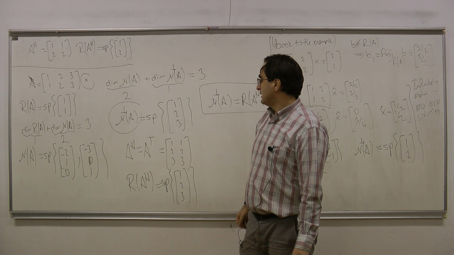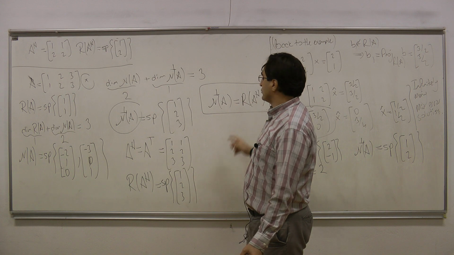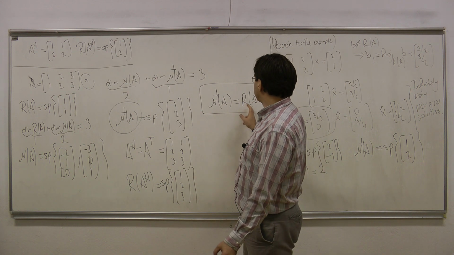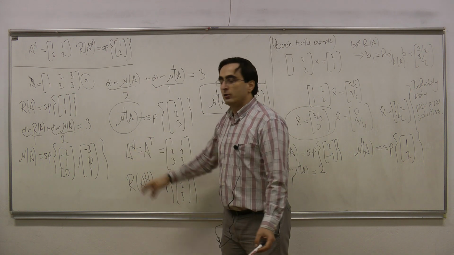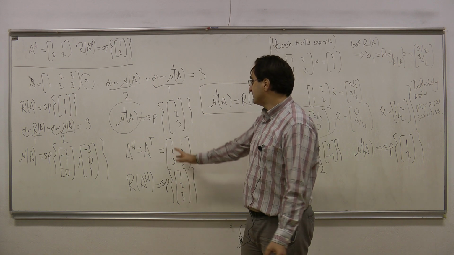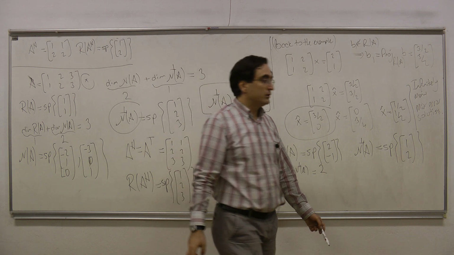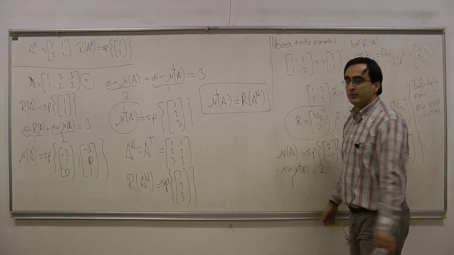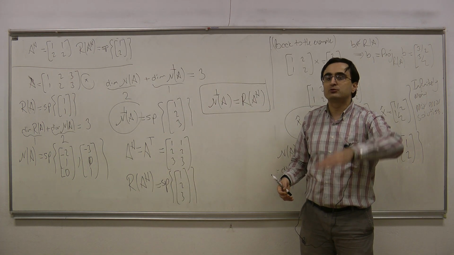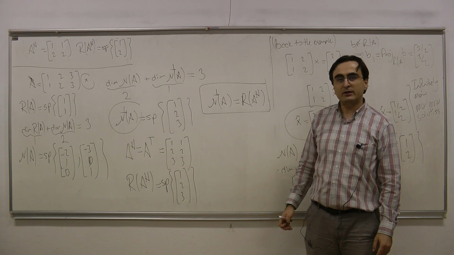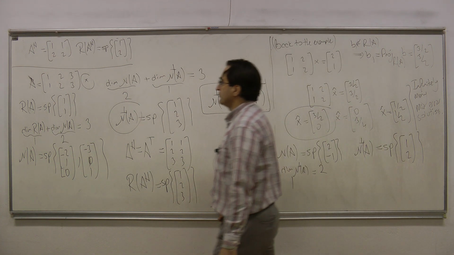The range space of A Hermitian is the space of columns of A Hermitian, which means that, because these columns are originally the rows, it is nothing but the space of the rows of A.